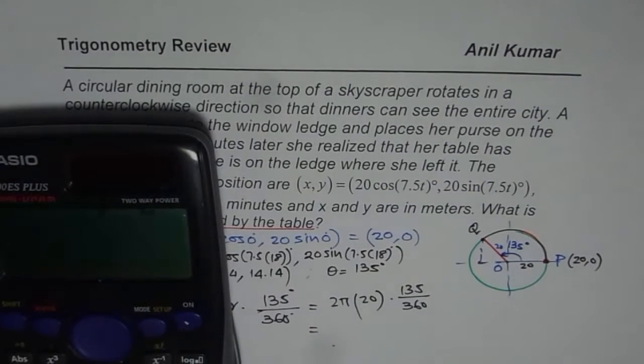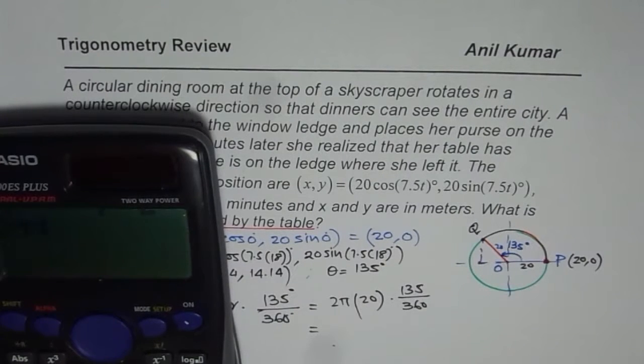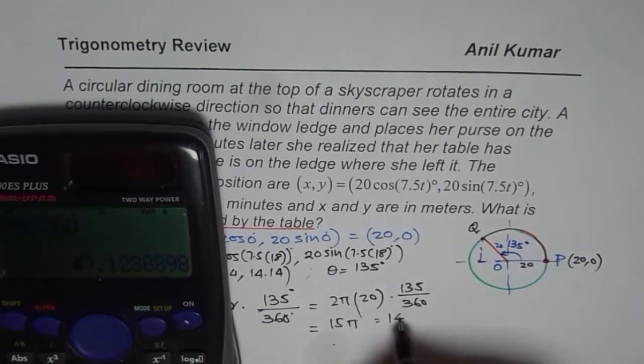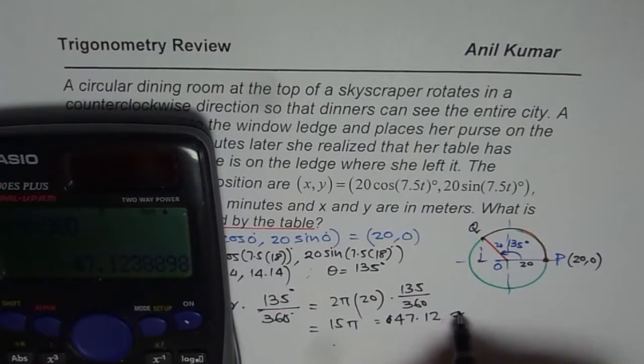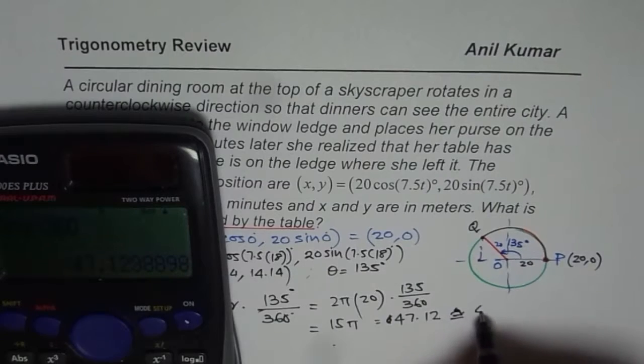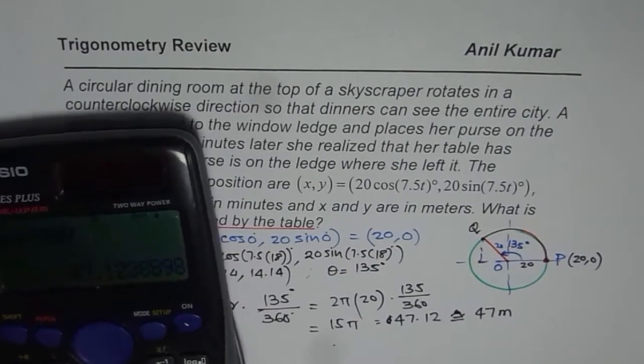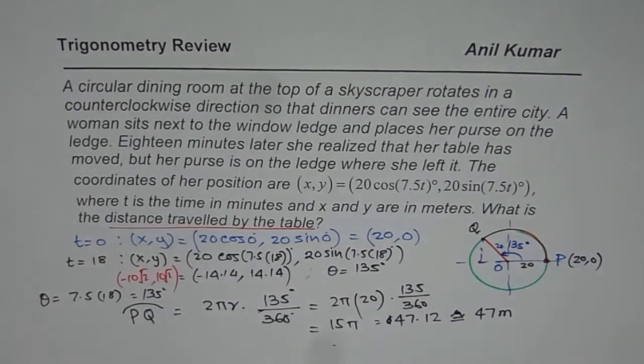We get 15π, and the decimal value is 47.12. So approximately, let me write, approximately 47 meters. So that is how you can find the circular distance moved by the table or by the person.